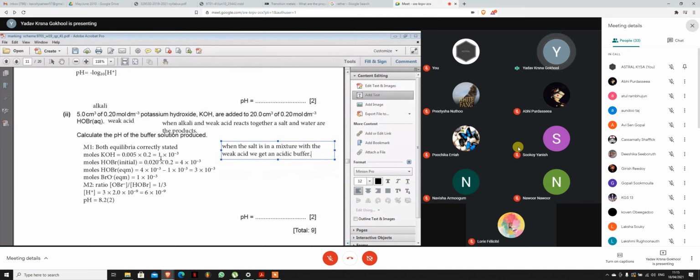Now, we have the initial number of moles of KOH that we need to calculate and the initial moles of the acid. Remember that the acid and the alkali are reacting together. So the number of moles of the acid is going to decrease. So this is moles of KOH taken, moles of HOBr taken, moles of HOBr at equilibrium. I will say initial minus how much has been used up.